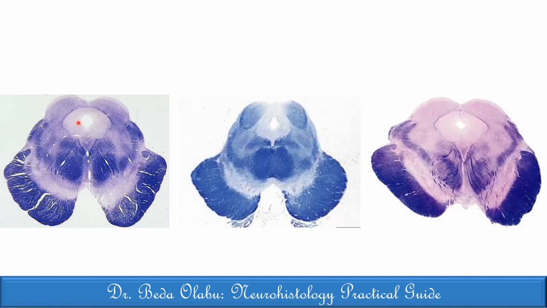And then we can see the crus cerebri ventrally. Yes, crus cerebri ventrally. Next to it, there's a lemniscal system.